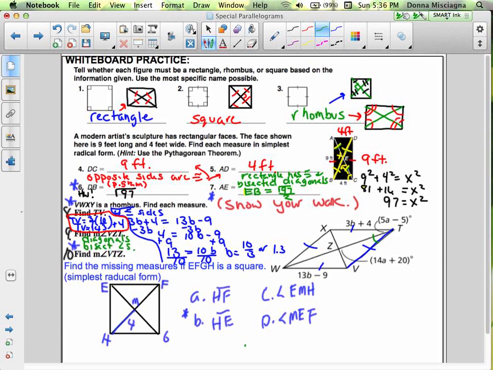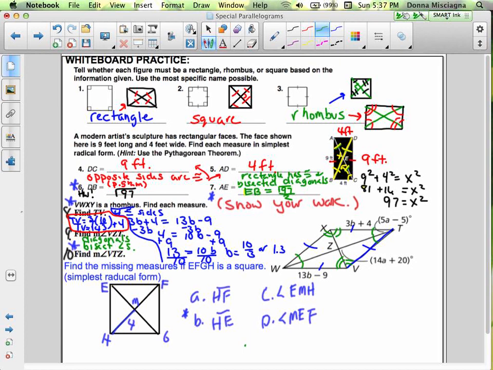So that means this one is congruent to this one, is congruent to this one, is congruent to this one. This one's congruent to this one is congruent to this one.